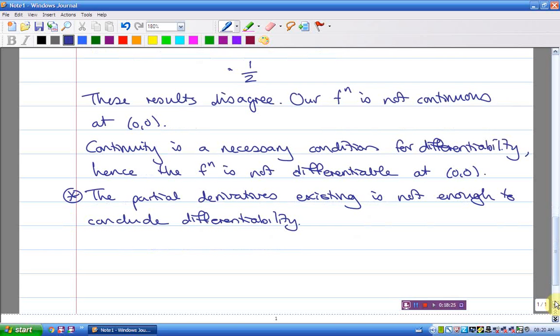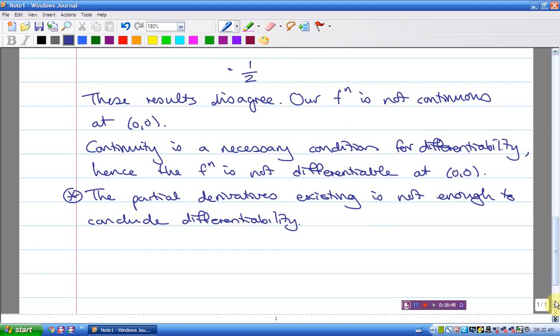Question at the front. That I have to differentiate from first principles. It's a piecewise defined function. Any piecewise defined function always has the danger at the join between the pieces of being discontinuous. And here the join between the pieces is just the origin.